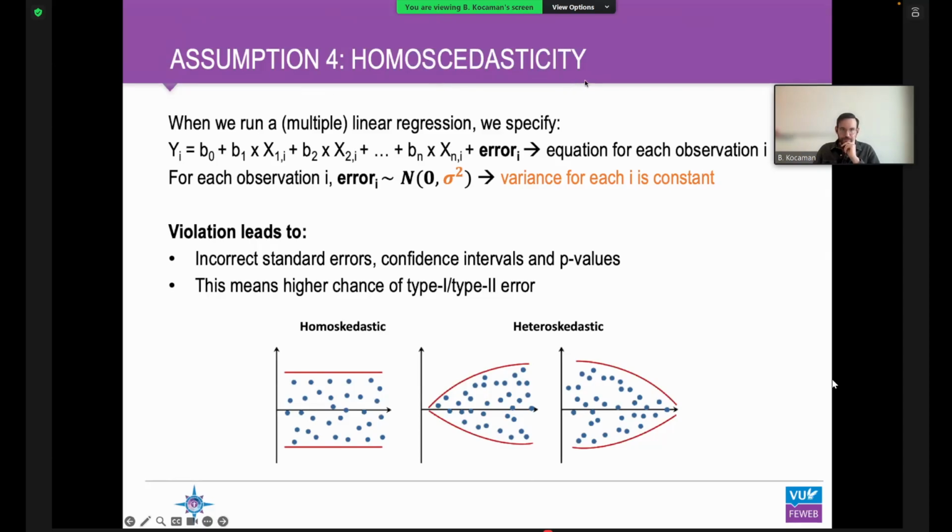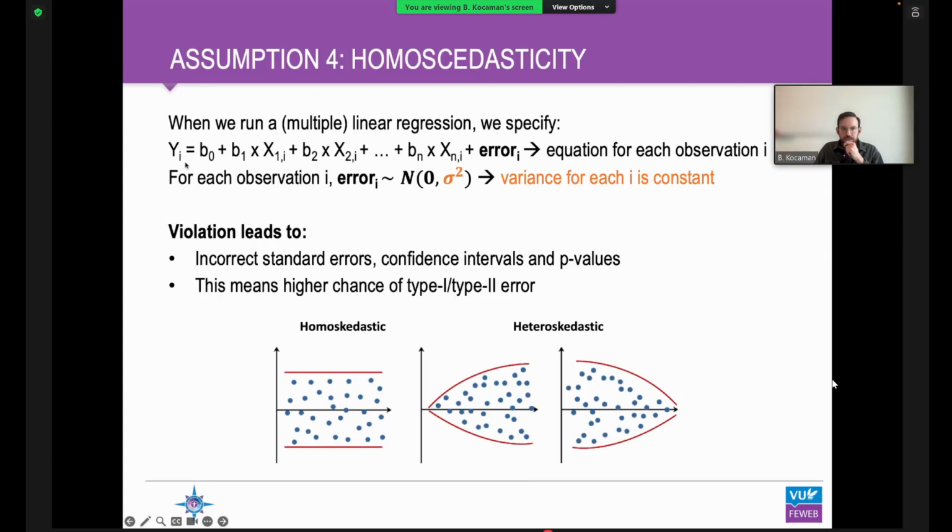Homoscedasticity. So this basically means that you have a homogeneous variance along your independent variables. With increasing x, the variance of your error term stays the same.